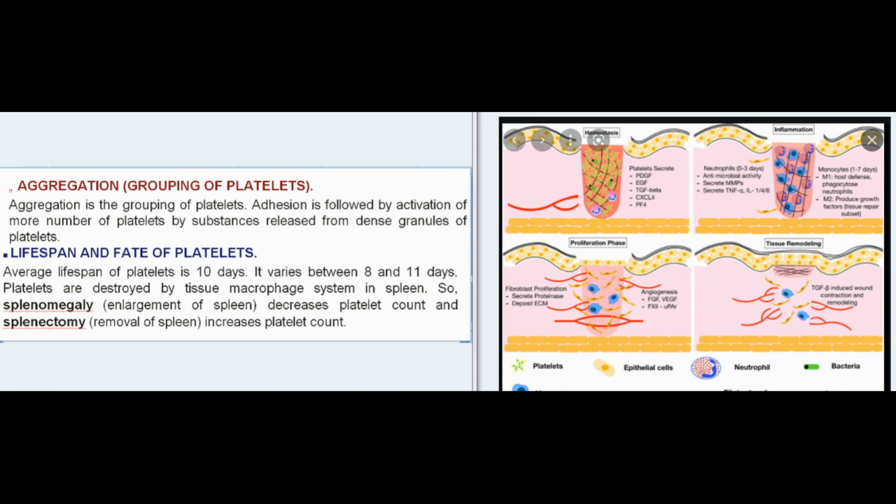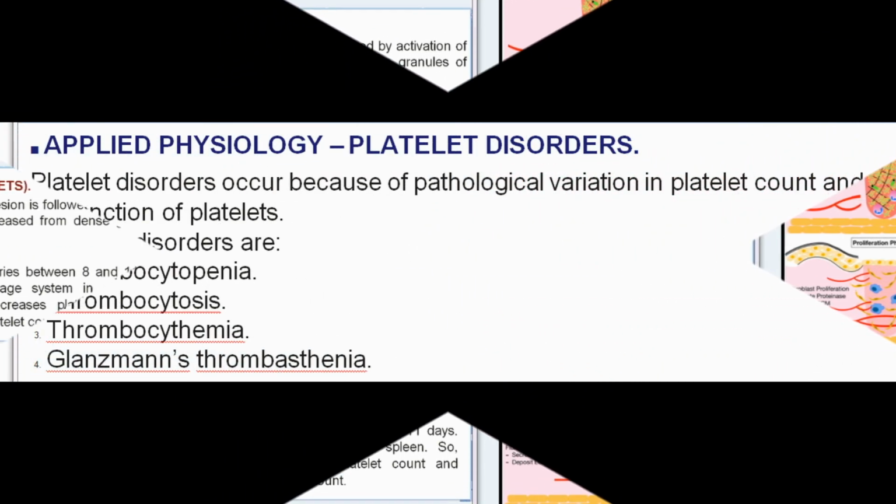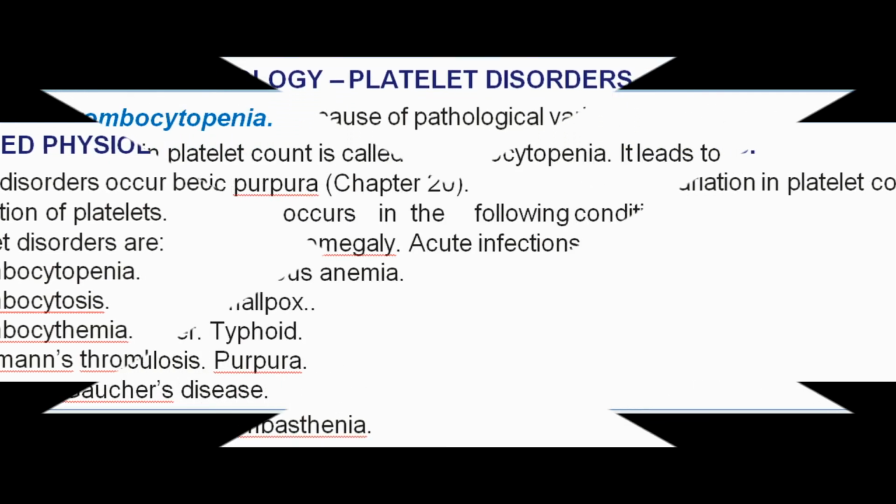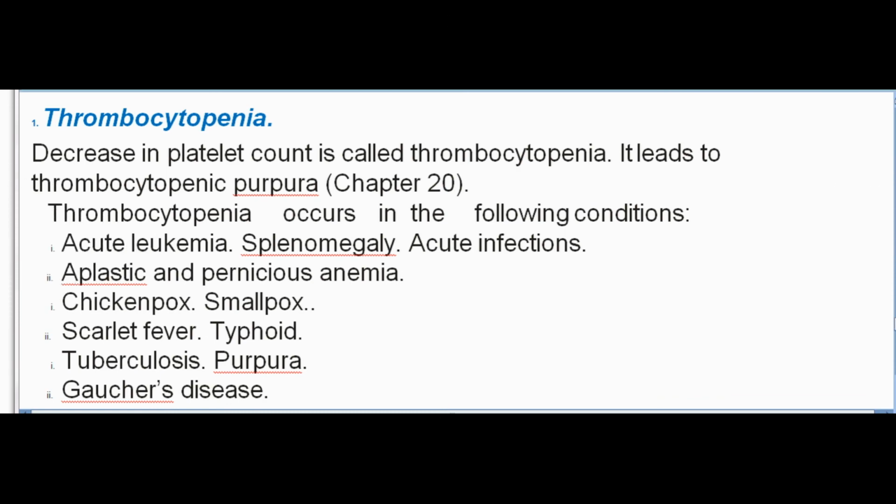Applied physiology: platelet disorders. Platelet disorders occur because of pathological variation in platelet count and dysfunction of platelets. Platelet disorders are thrombocytopenia, thrombocytosis, thrombocythemia, and Glanzmann's thrombasthenia. Thrombocytopenia. Decrease in platelet count is called thrombocytopenia.